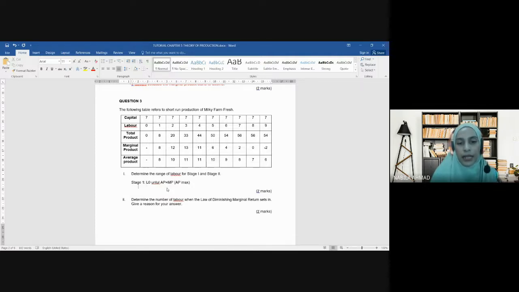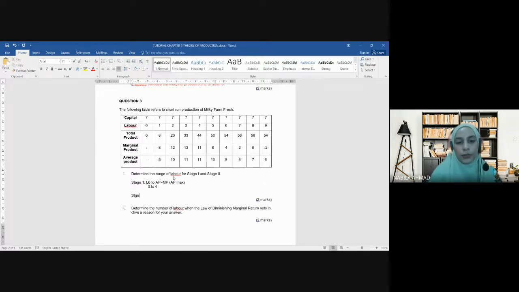Okay, jadi kita start dengan labor 0 until, kita kata 0, 2 lah. Average product equals to marginal product, ada tak? Di sini, betul tak? So berapa number of labor? 4. To stage number 1.